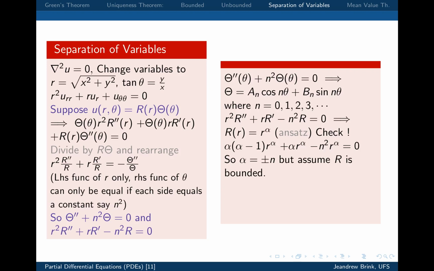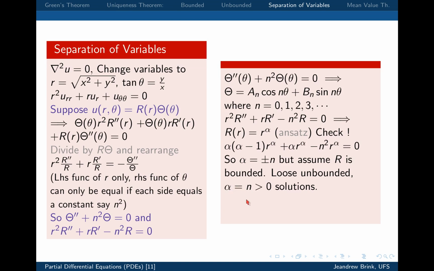But here comes the difference from the previous proofs. I'm going to assume that R is bounded. In other words, I'm going to throw away all the solutions in this proof that explode at infinity. So instead of having two independent solutions, I'm going to throw away all the ones in which alpha is positive.